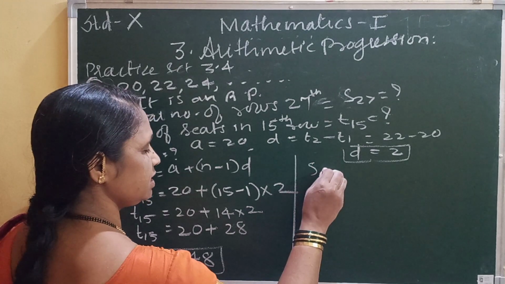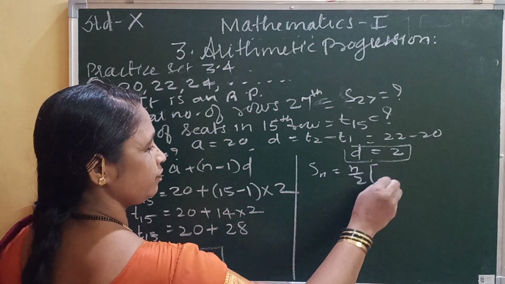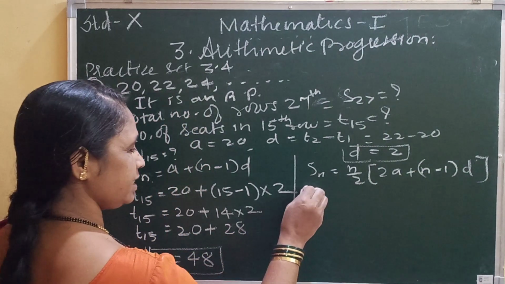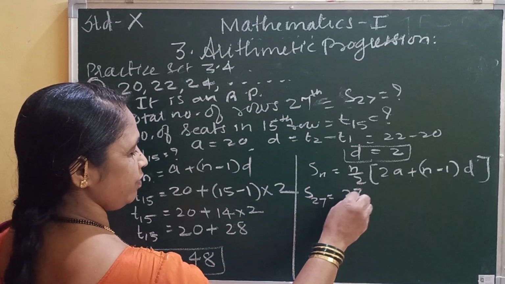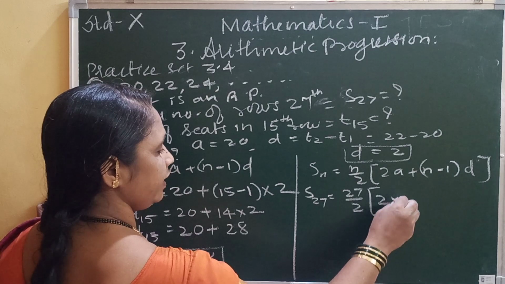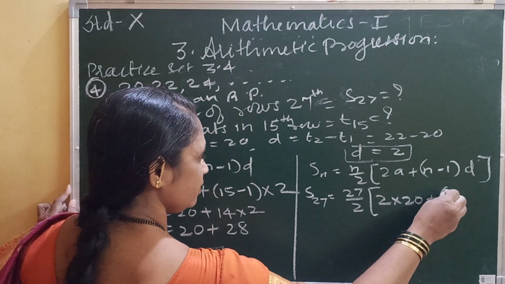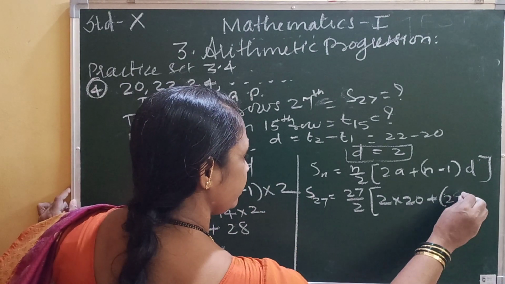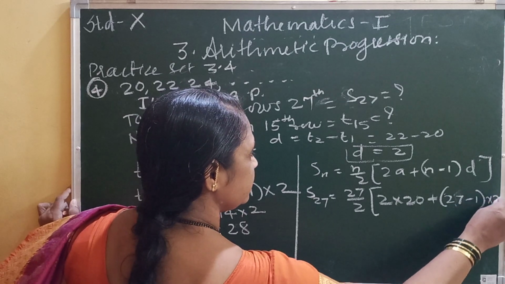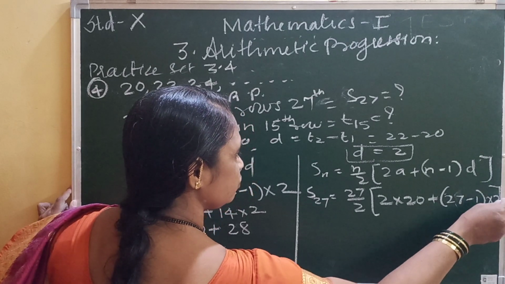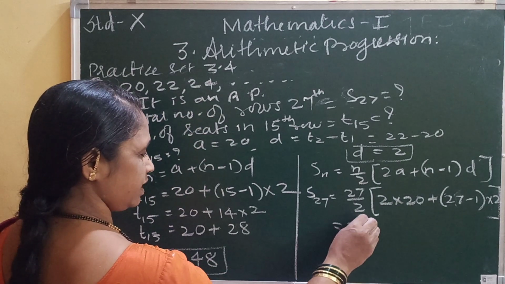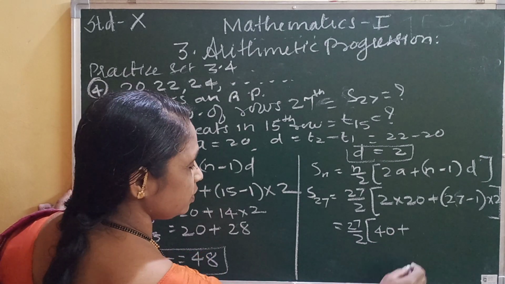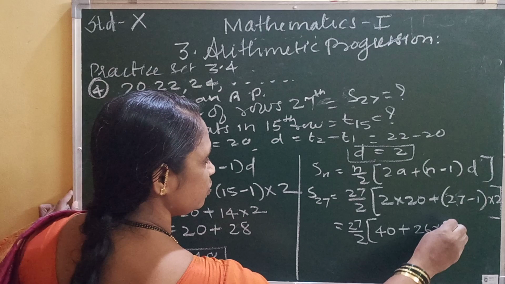Sn is equal to n by 2 into 2a plus n minus 1 into D. So S27 will be 27 upon 2 into 2 into 20 plus 27 minus 1 into 2.